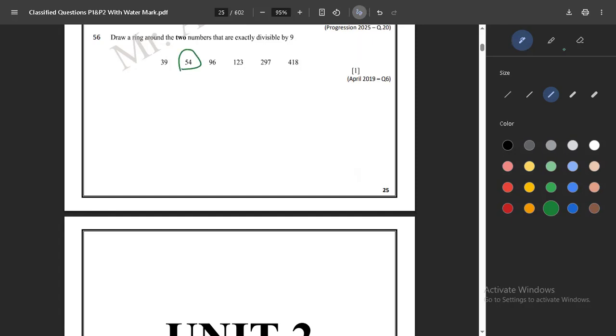Yes, thank you. 9 and 6, 15. It's not in table 9. 1 plus 2 plus 3, 6. Not in table 9. 2 and 9 is 11. 11 and 7, 18. It's in table 9. 18. Yes, thank you. 4 and 1 is 5. 5 and 8 is 13. It is not in table 9.